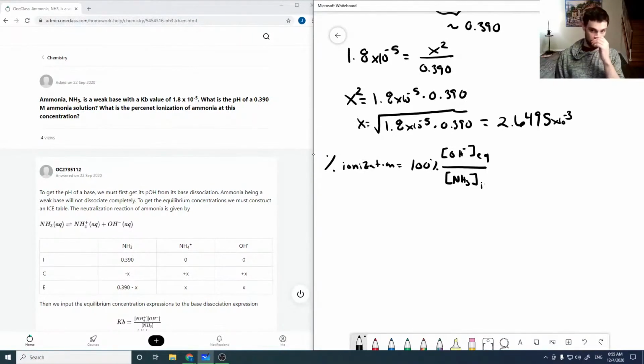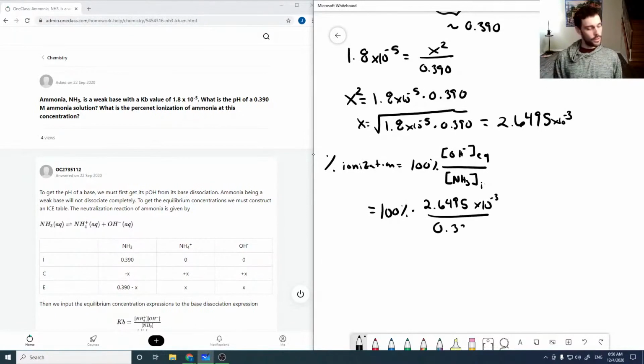So it's just how much of your initial NH3 has become ions, as a rationale for it. So 100% times 2.6495 times 10 to the minus 3 over 0.390 molar, and this will also be molar.